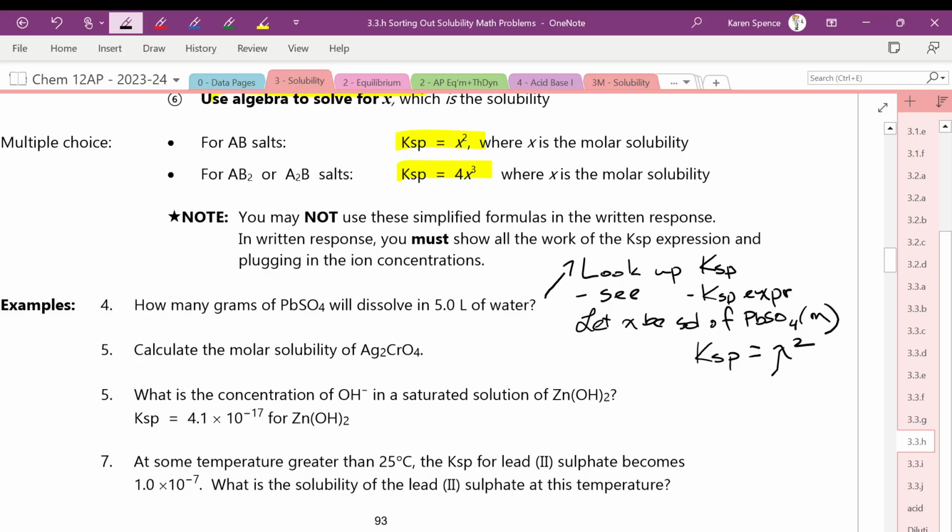Whoa, that does not look like an x. What would you have to do once you found the molarity? Moles goes to grams. Is that good?